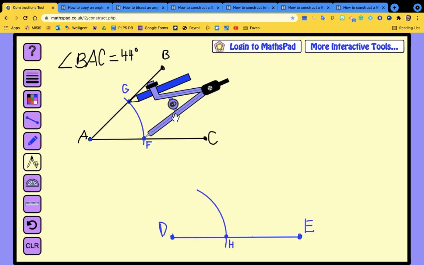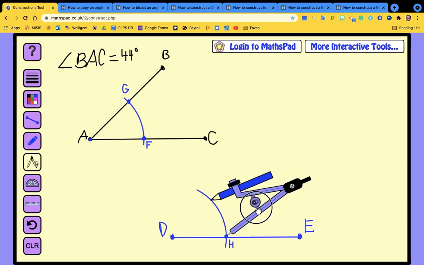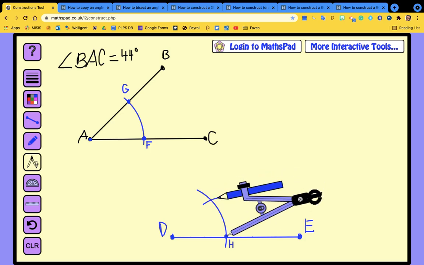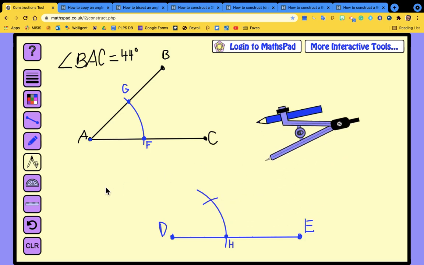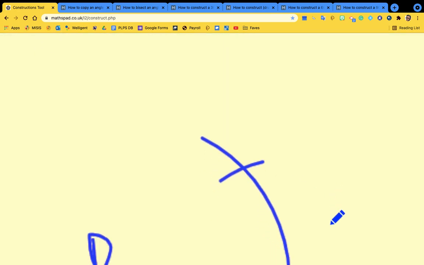Next, I'm going to move my compass down to H. Just like that. And I'm going to draw a little mini arc. Like that. And that is going to be point I.